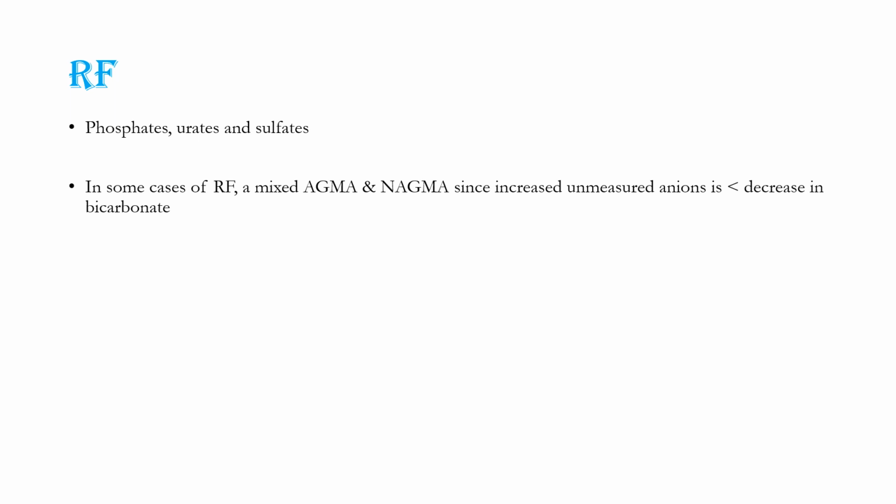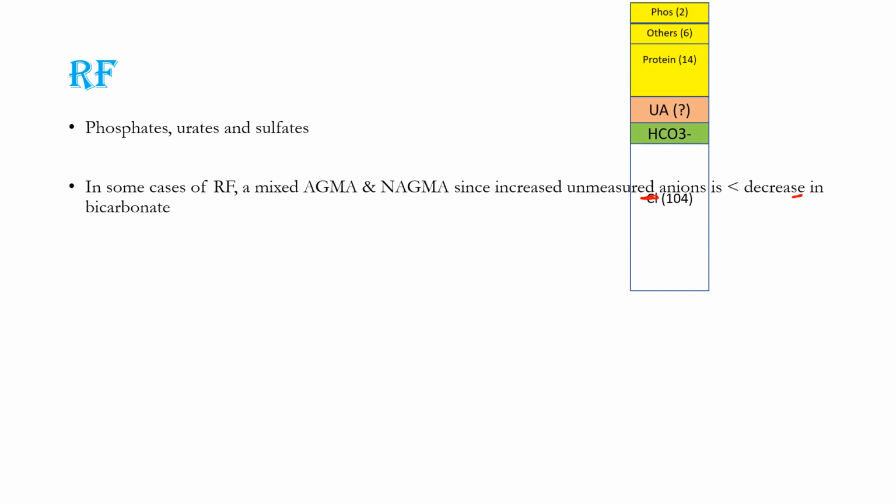See, unmeasured anions, this is the pathology of increased anion gap metabolic acidosis, and pure decrease in bicarbonate levels is a pathophysiology of hyperchloremic metabolic acidosis. So what I mean to say here is that this is, for example, anion gap metabolic acidosis.